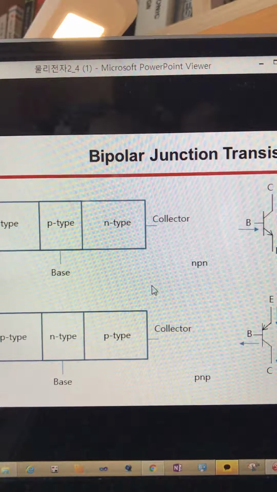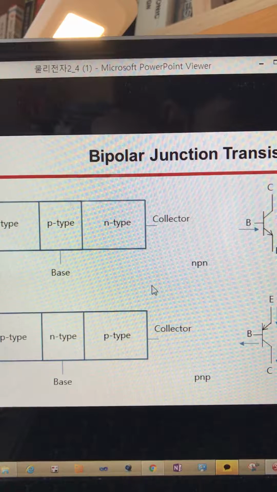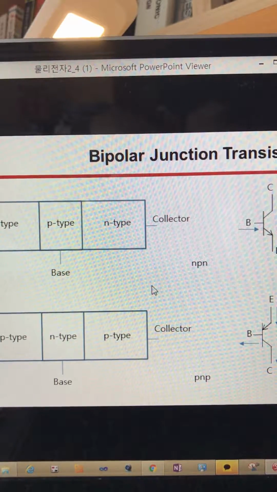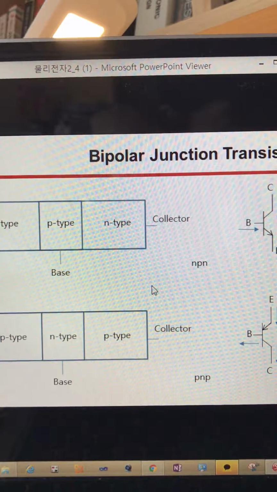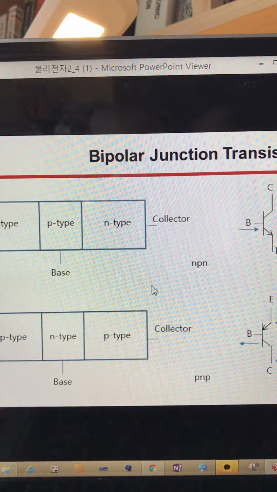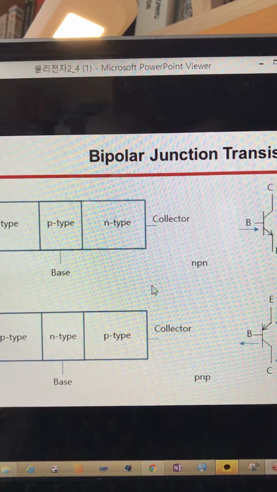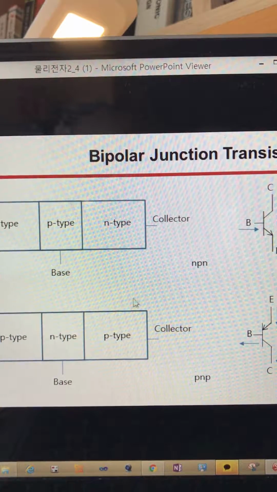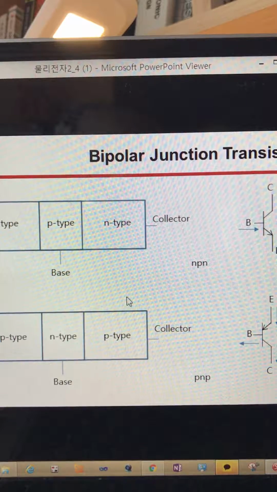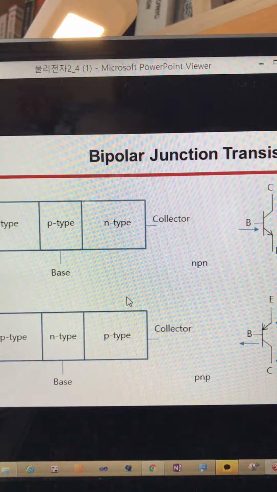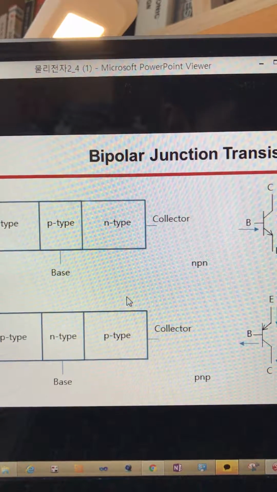BJTs are different from MOSFET in that they have emitters and collectors instead of source and drain, which emit and collect carriers. The gate is also the base. As a result, current flows and eventually amplifies and acts as an amp.